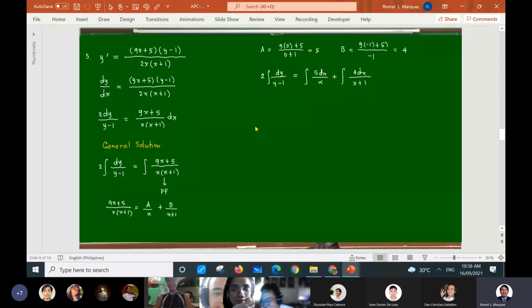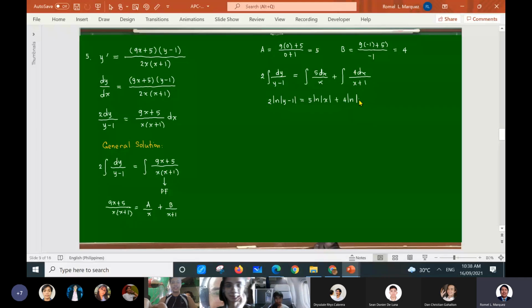Get it, guys? So we have 2. What is the integral? 2 times ln of absolute value of y minus 1, equals 5 ln of absolute value of x plus 4 ln of absolute value of x plus 1.